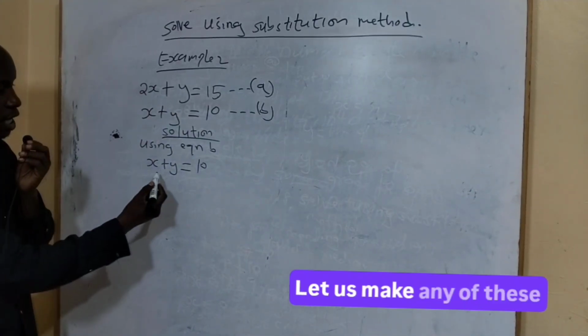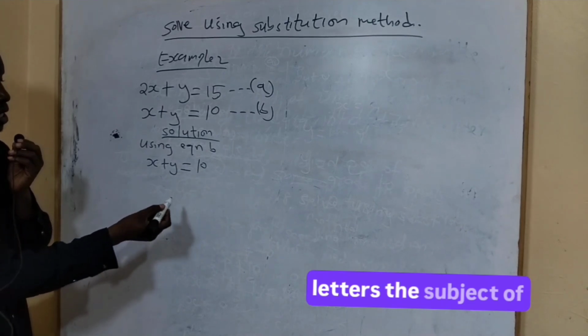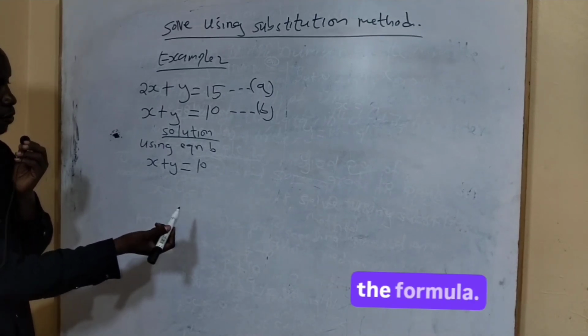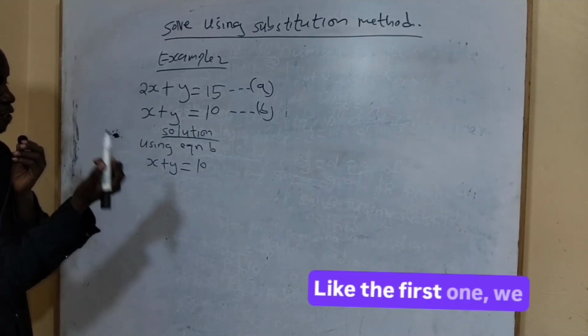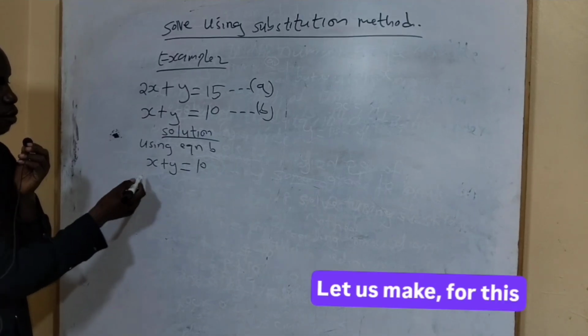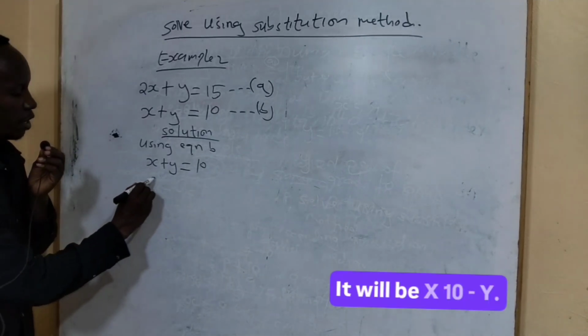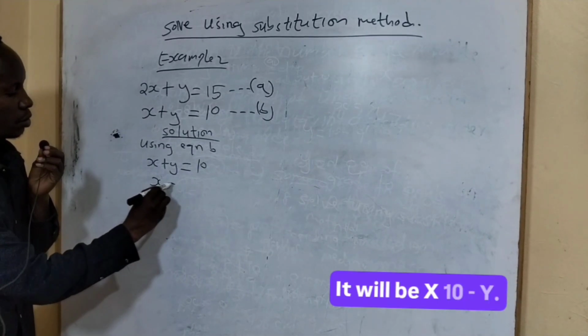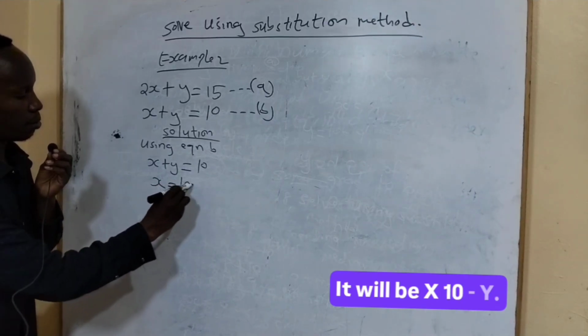Let us make one of these letters the subject of the formula. Like the first one we did y, for this one let us use x. It will be x is equals to 10 minus y.